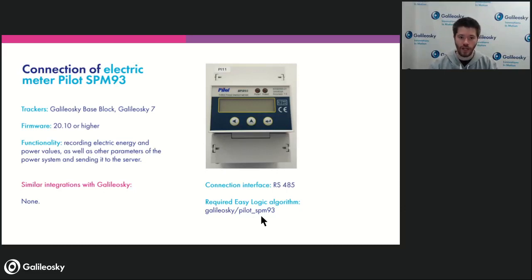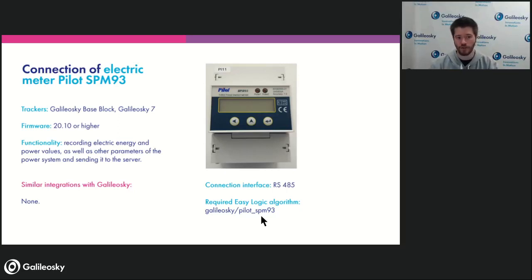Only trackers Galileosky base block and Galileosky 7 can be connected to the electric meter, and you will need firmware 20.10 or higher. The basic functionality of such electric meter is that it records different parameters of the electric chain, of the electric network, the power system, and sends these values to the server.